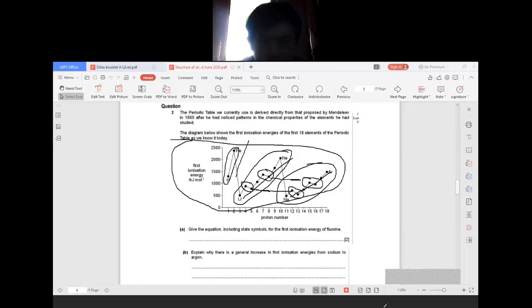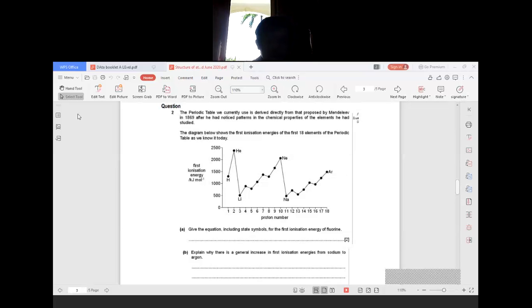Now give the equation including the state symbol for the first ionization energy of fluorine. Let me ask Sherry.